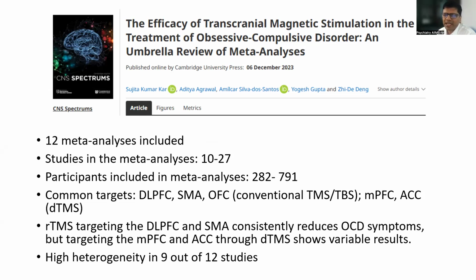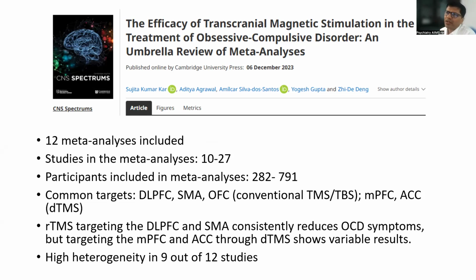But subsequent evidence explains why the negative results were there with the DLPFC, because these studies were limited by small sample size. When they tried to replicate those studies with a larger sample, they found that dorsolateral prefrontal cortex neuromodulation is equally effective as supplementary motor area. So DLPFC and supplementary motor area are equally effective targets.